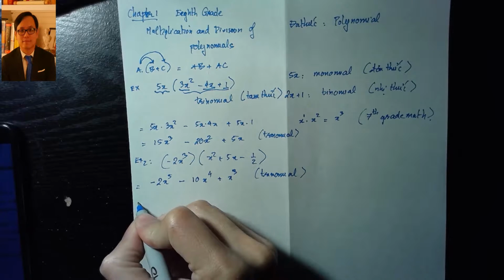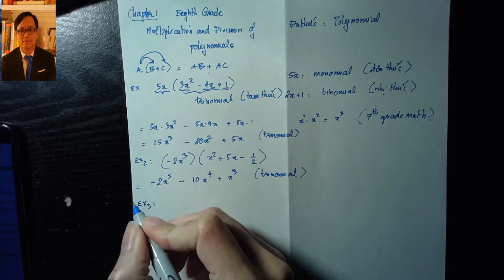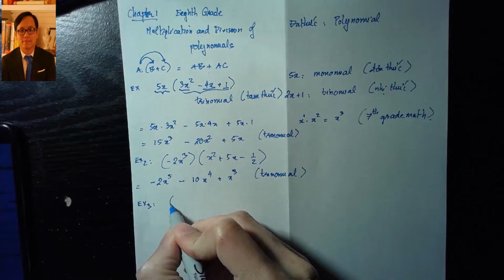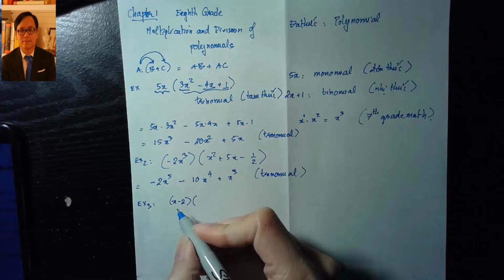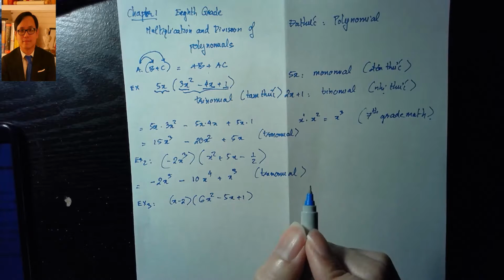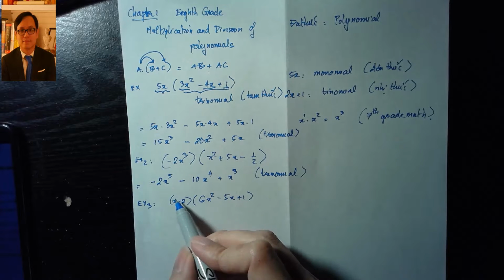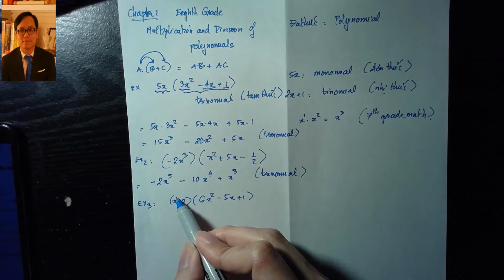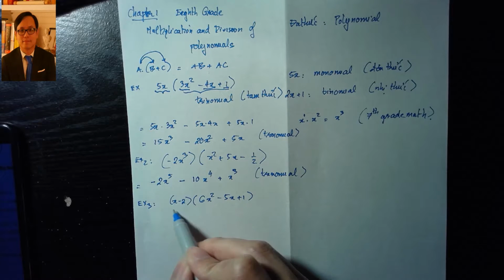Let's do another example. If we have x minus 2 times 6x squared minus 5x plus 1. So again, we're going to take the first term of the polynomial here. We have two polynomials.